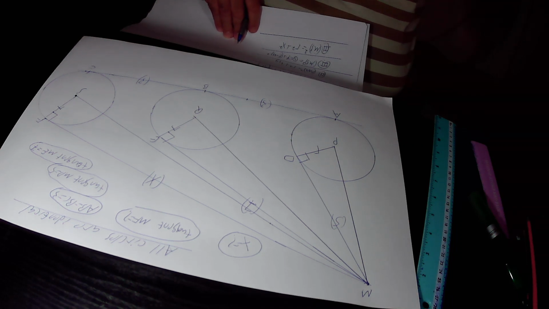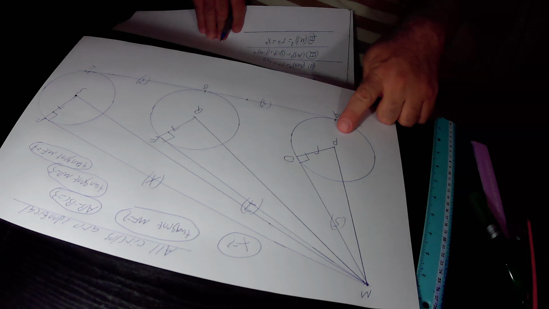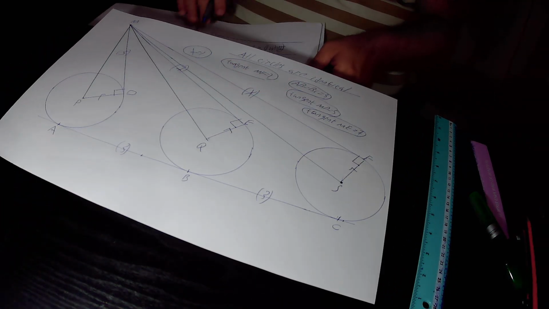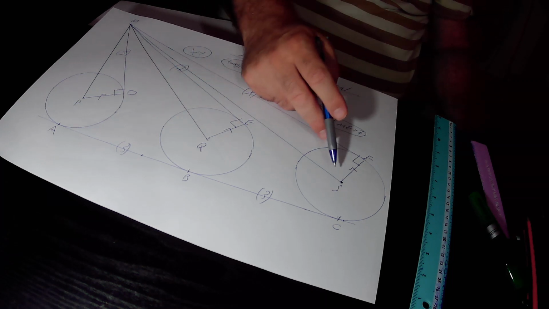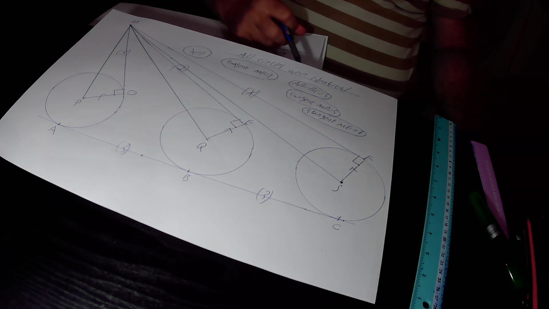So we note that the distance of those 3 centers P, Q and S from the straight line ABC is equal.